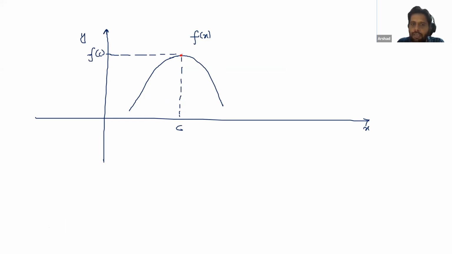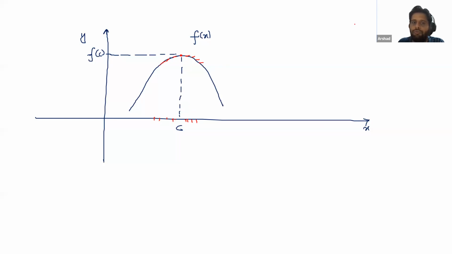If you check the points on the left side of C and find the value of the function at these points, these values are lesser than f(C). Similarly, if you check the points on the right side of C, these values of the function are lesser than f(C).